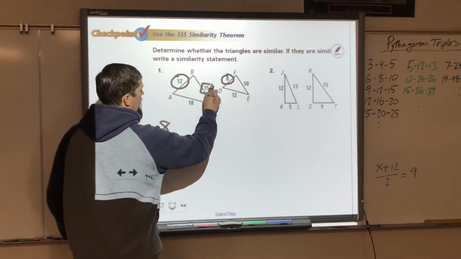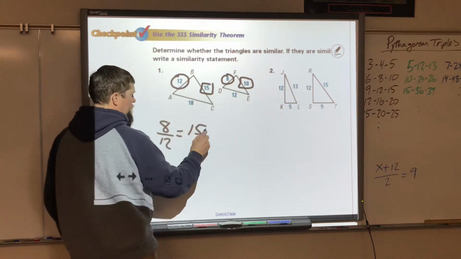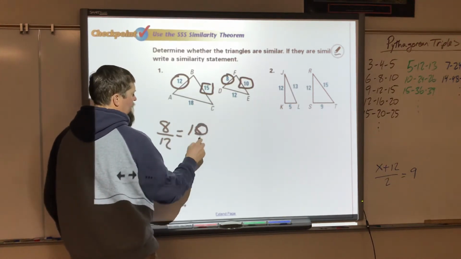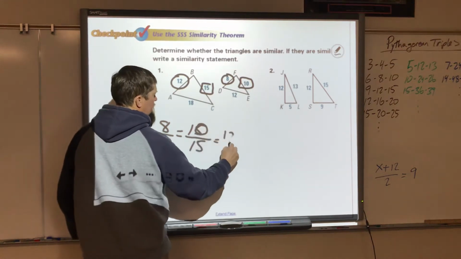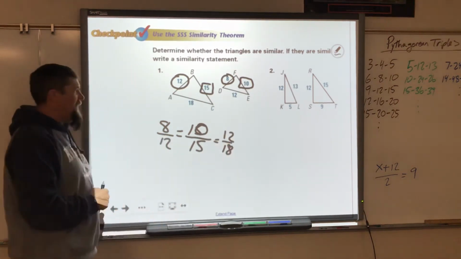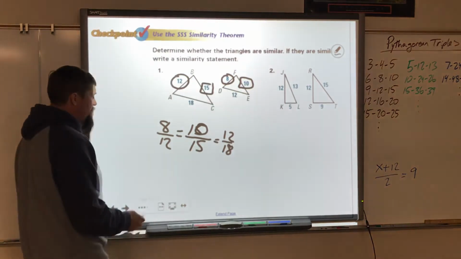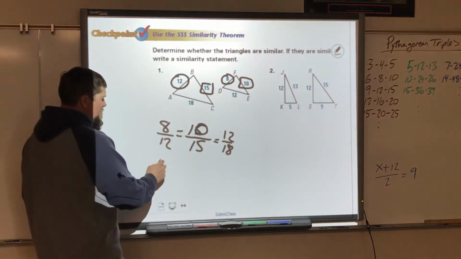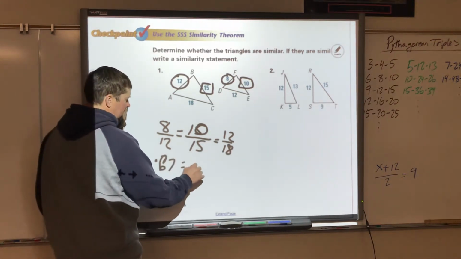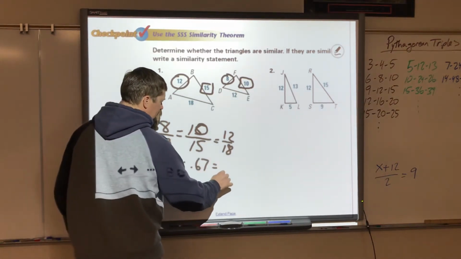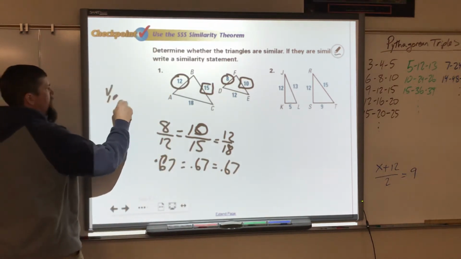The next one has to be 15 and 10. Oh, 10 goes first and 15. And then 12 to 18. Are these the same ratios? Again, if you want to make them into decimals and see if they're the same ratios, do that. I know this is 0.67. This is also 0.67. This is also 0.67. So yes, they are similar.